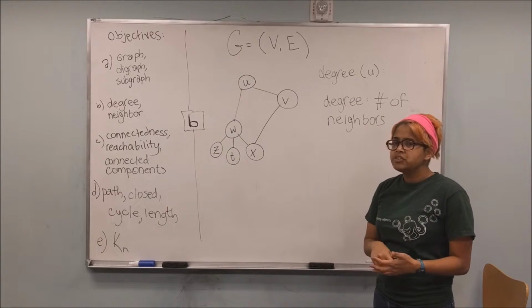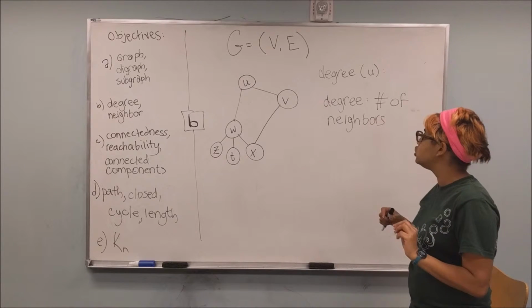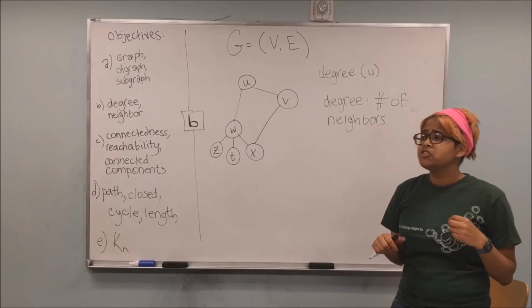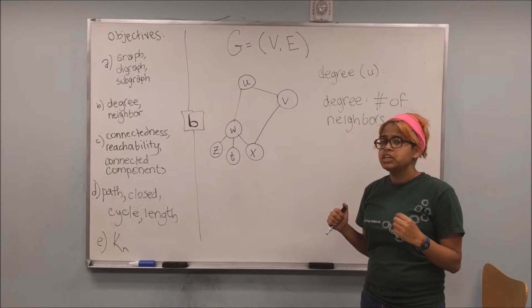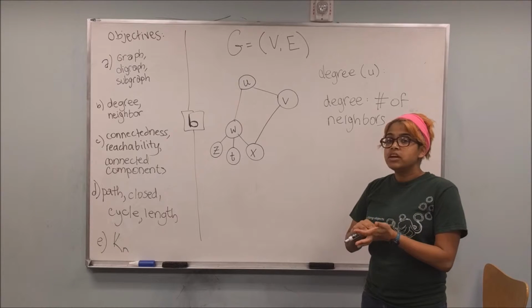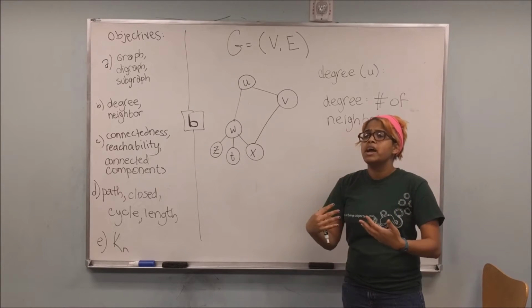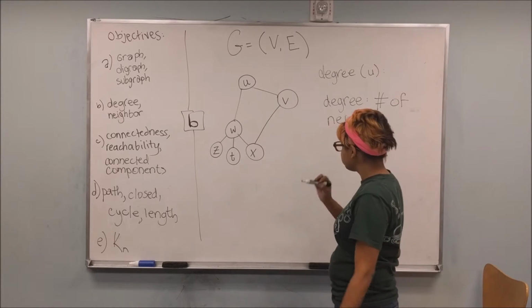Now that we know what neighbors and degree are, there's one more fun fact I can show you. Remember, we have a graph, which based on our previous objective just means a set of vertices and a set of edges, and in this case the graph is undirected.